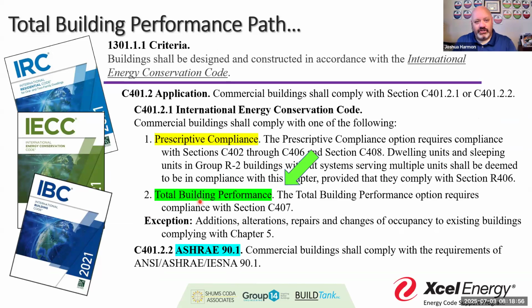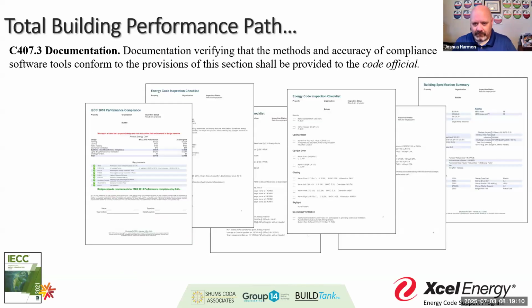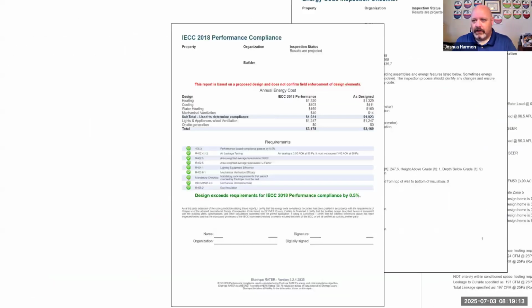The inspector does his job, right? He's going to verify insulation values and those kinds of pieces of equipment. But there's a report that comes at the beginning of plan review that says this is the proposed design. If I zoom in, let's see if I can zoom in. Proposed as designed, right?